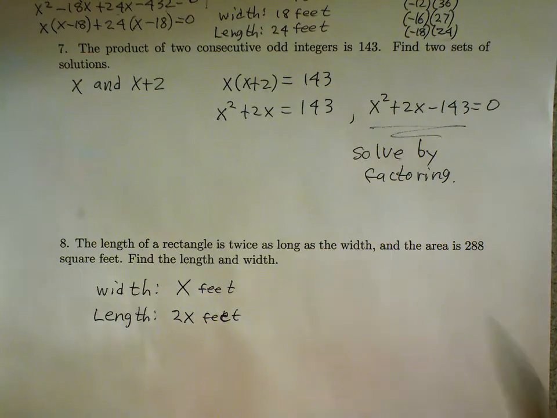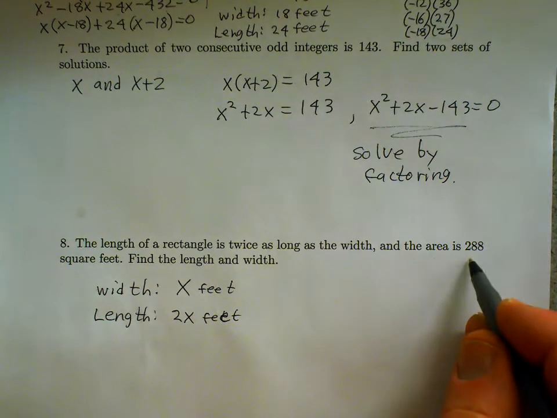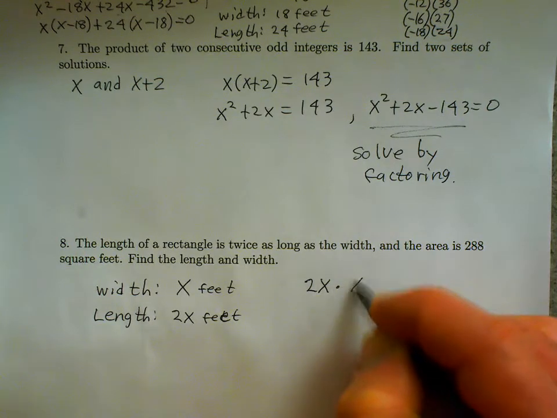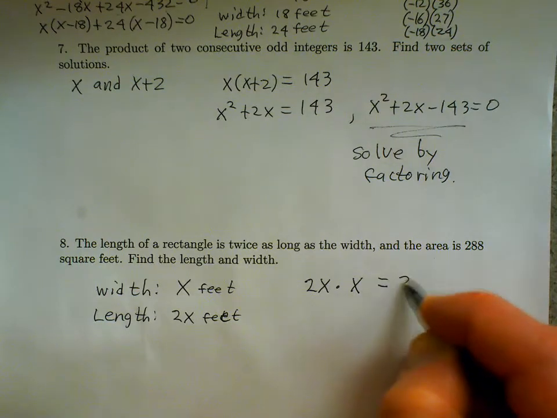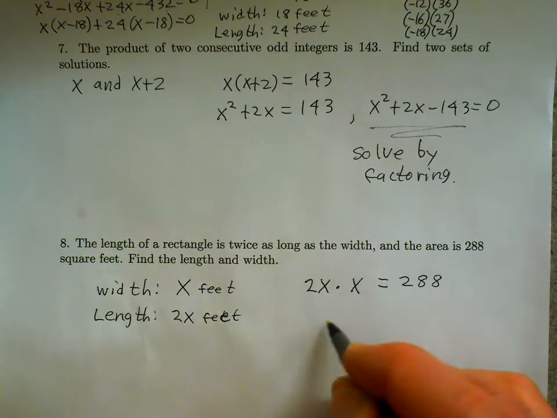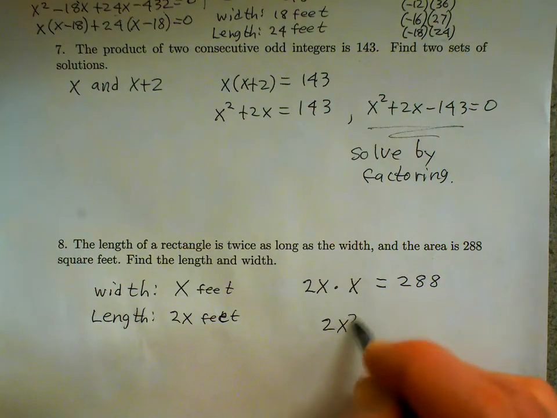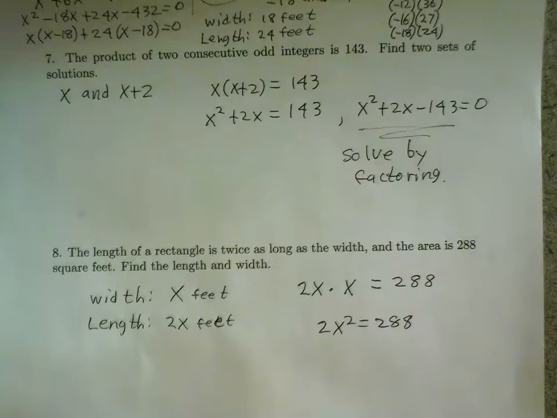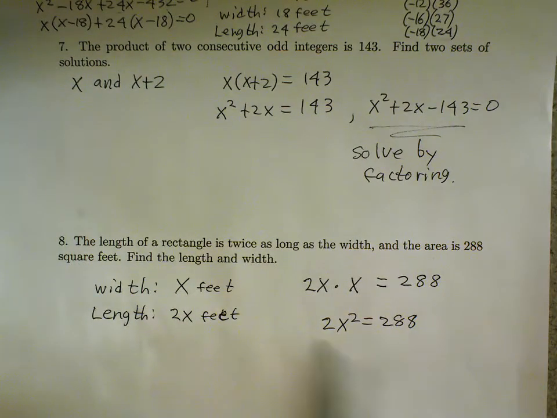And then the area is 288 square feet. So if we multiply length times width, we get the area, or 2x squared equals 288. And this one's pretty easy to solve. Just divide both sides by 2 and then find the positive square root for x. Okay, we're out of time.